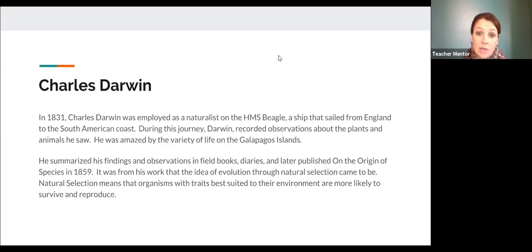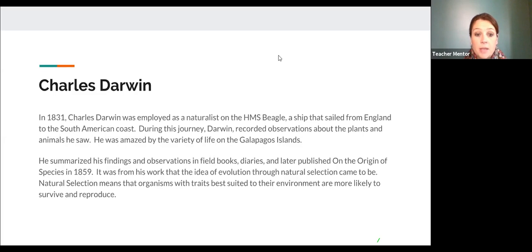He collected many different samples of the different species, and he was amazed at the variety of life on the Galapagos Islands. He summarized his findings and observations in field books and diaries, and he later published the book called On the Origin of Species in 1859.